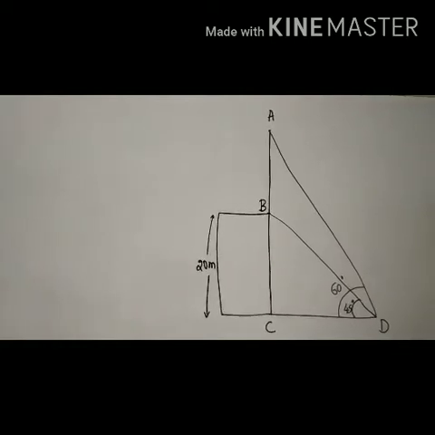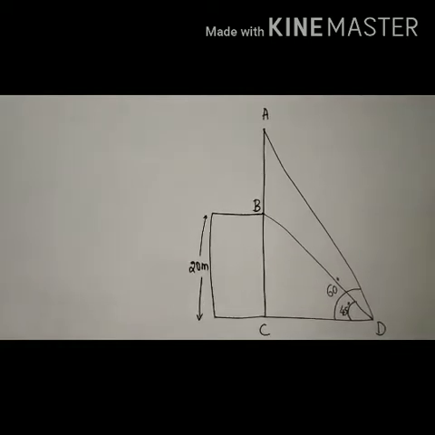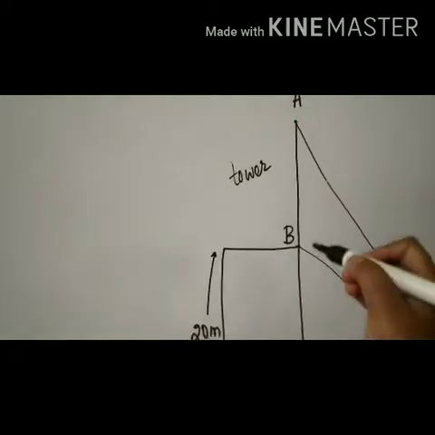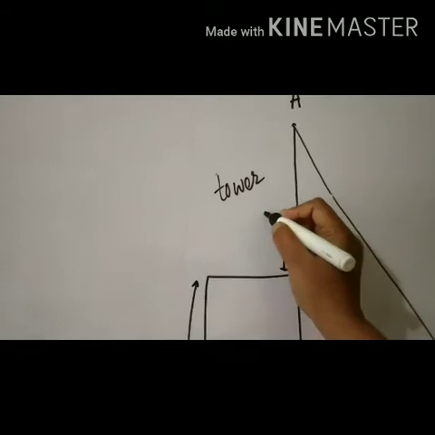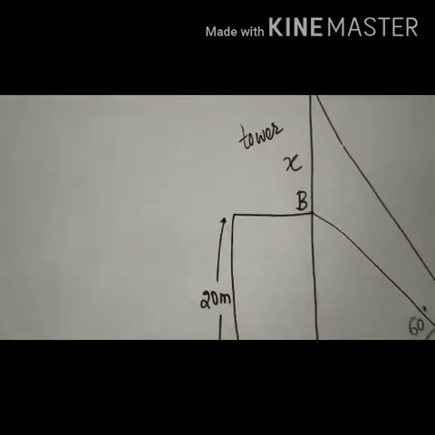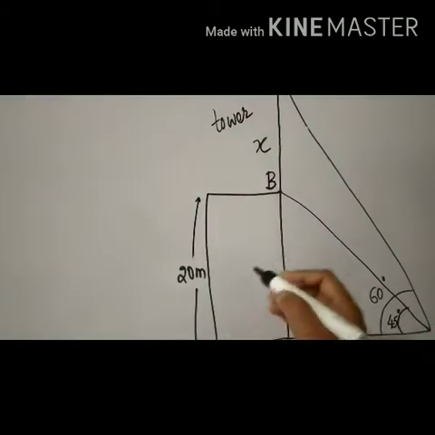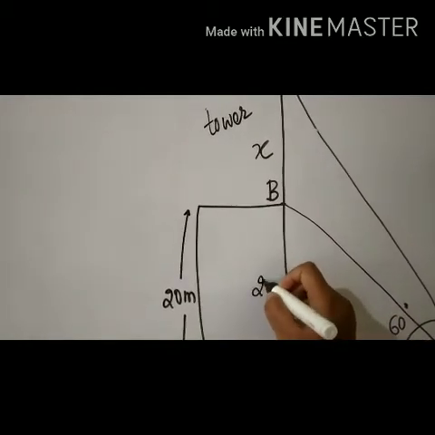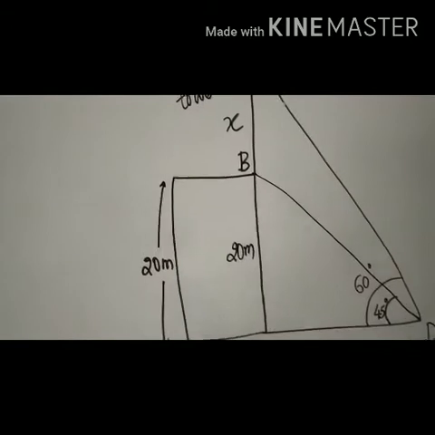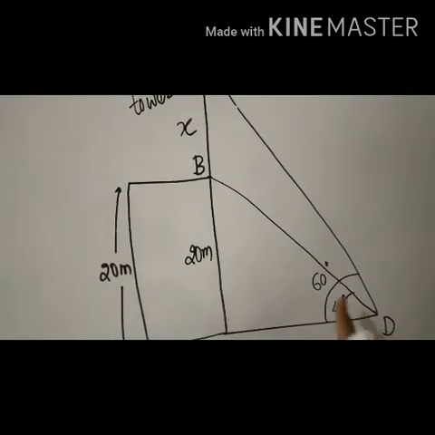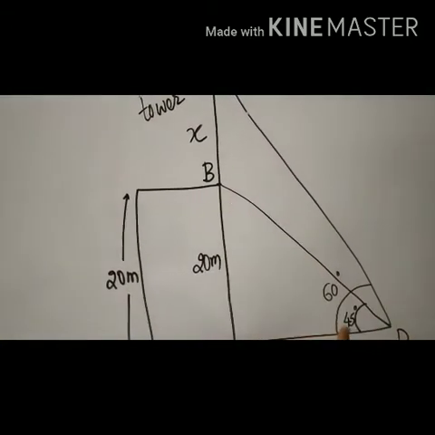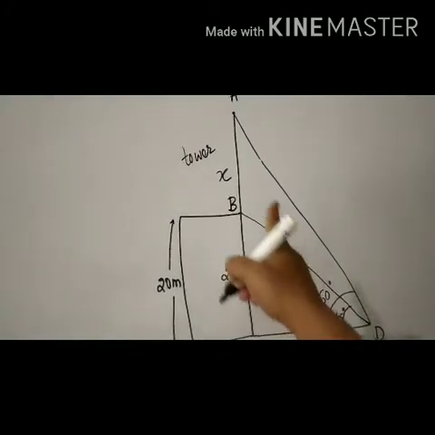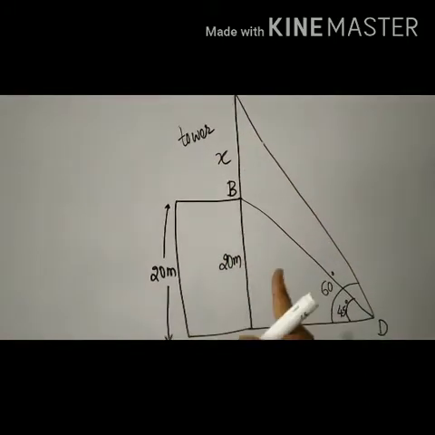So here let us consider AB as the tower and the length of the tower, let it be x meters, and we know the height of the building is 20 meter. The angle of elevation to the bottom of the tower and the top of the building is 45 degrees, and the angle of elevation for the top of the tower is 60 degrees.